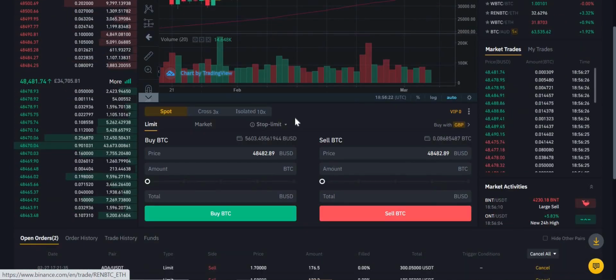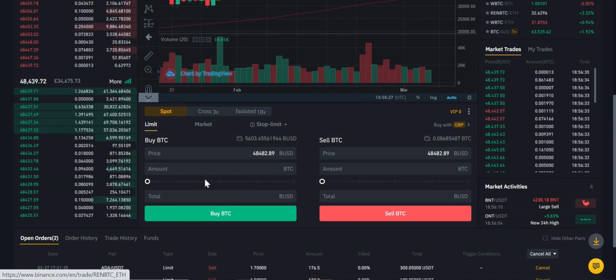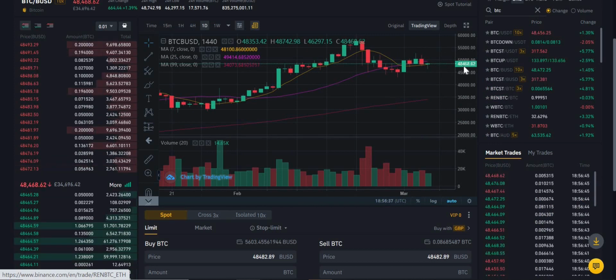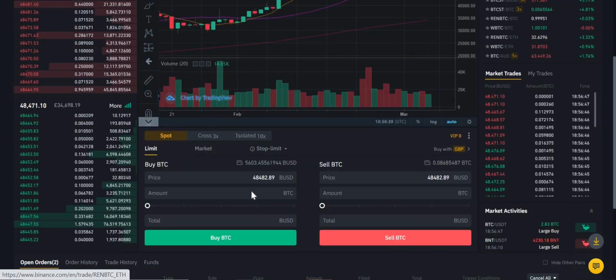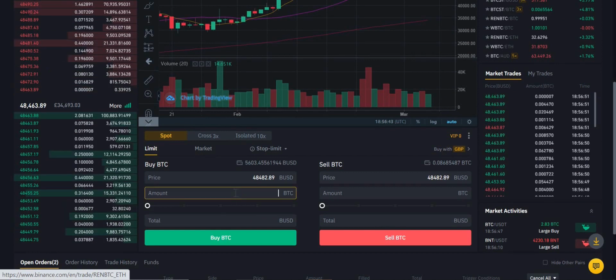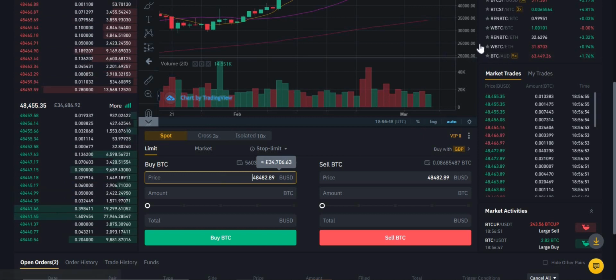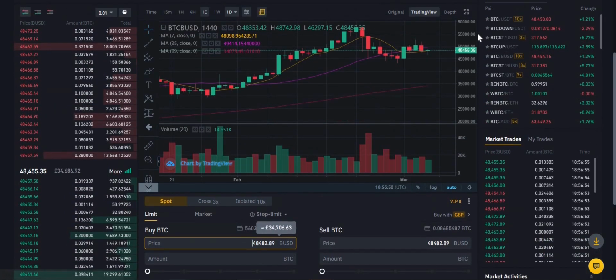Now I go to spot and I go to limit. And I want to buy BTC. So the current price of Bitcoin is 48,500-ish, right? Around there. And what I will do is set a price that's below the current market price.